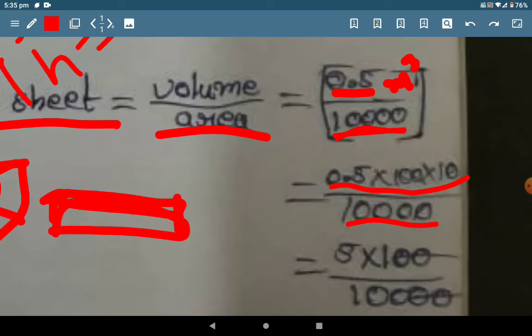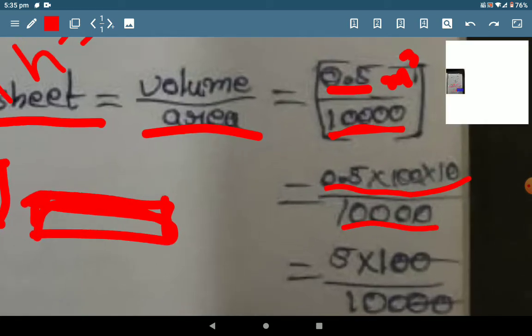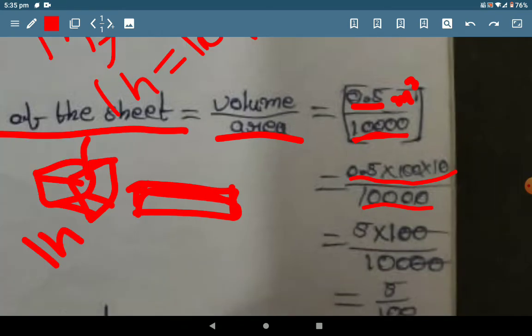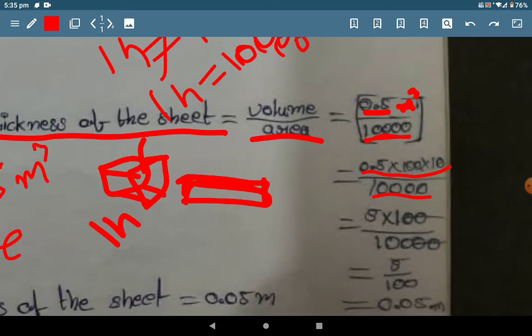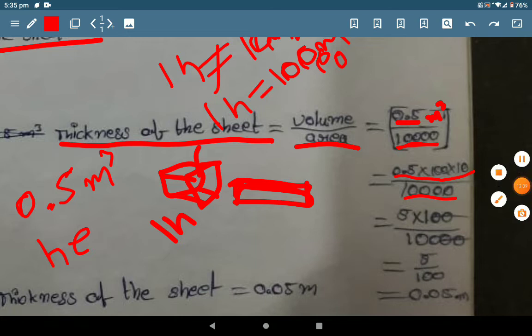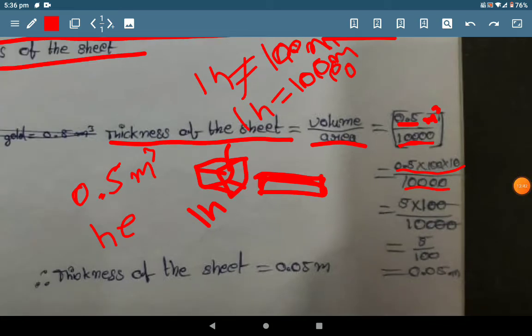So here we have to get rid of, no. Oh no guys, I actually messed up again. So actually what we are trying to do here is we are converting the 0.5 meter cube into centimeters.